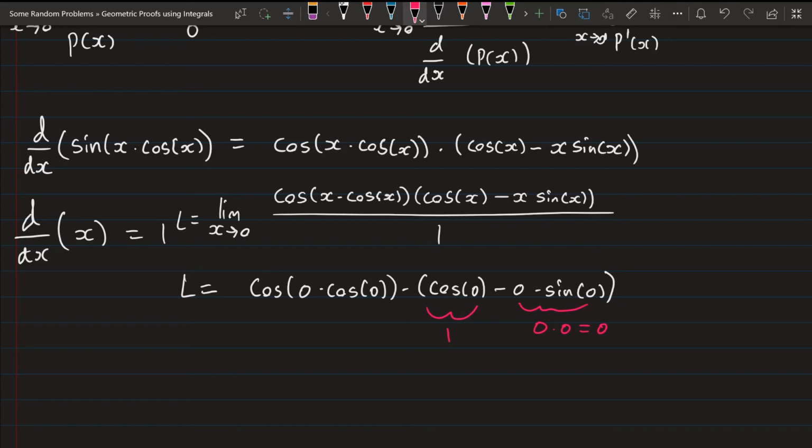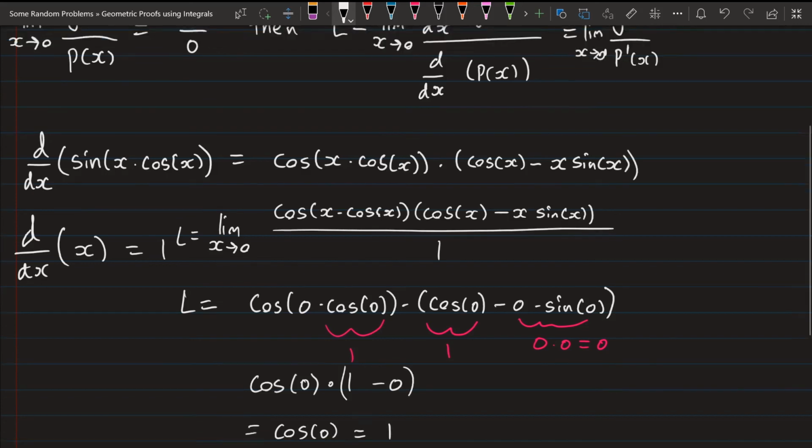Here we get 1. And here we get 1. Here is 0. So we get the cosine of 0 multiplied by 1 minus 0. So we get cosine 0 is equal to 1.